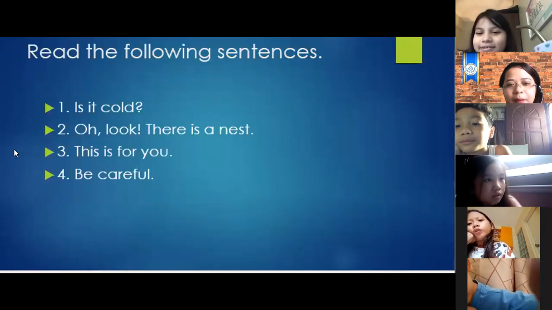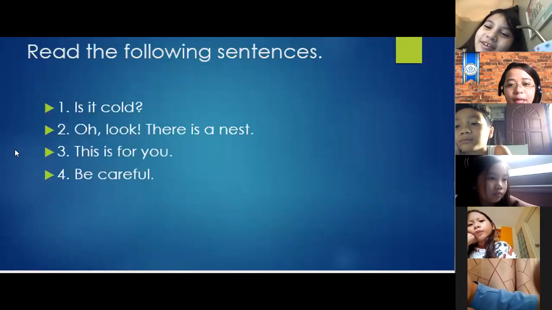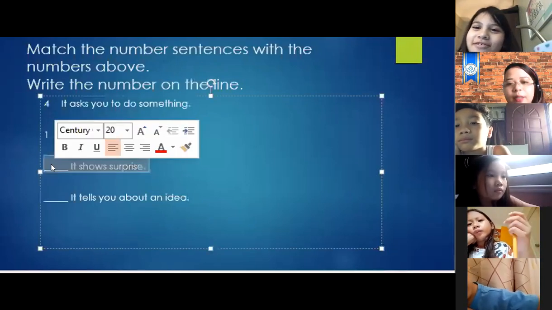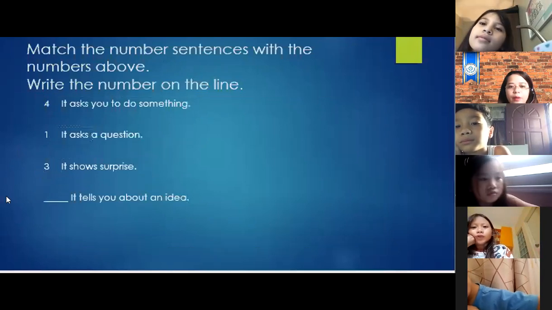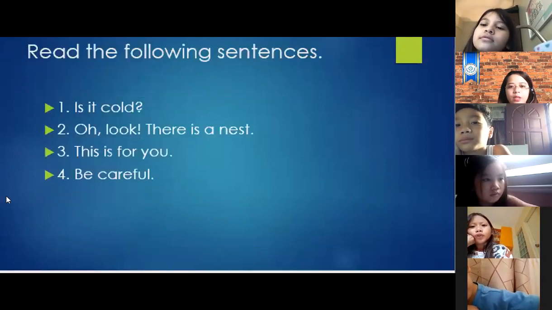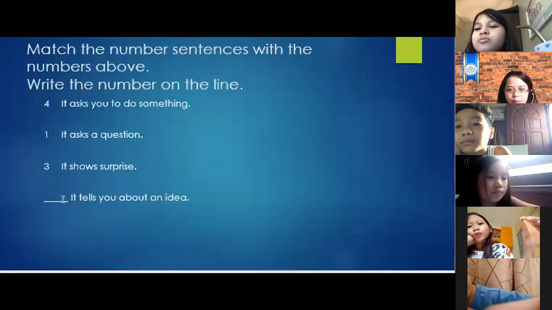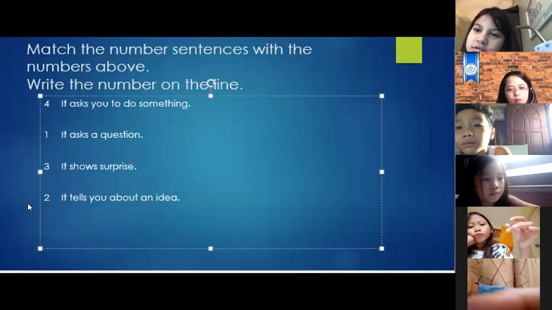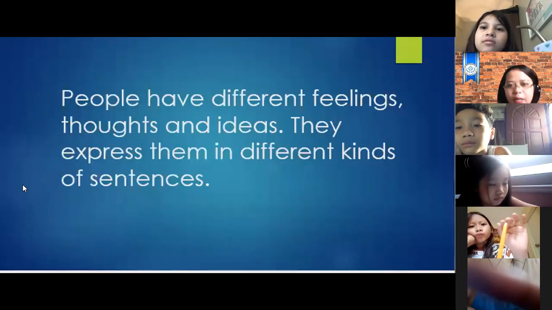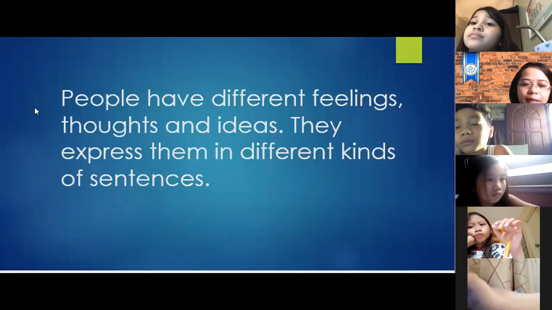That's number 3. Yes, it's number 3. And the last number tells you about an idea. Number 2. It tells you about an idea, right? It's number 2.